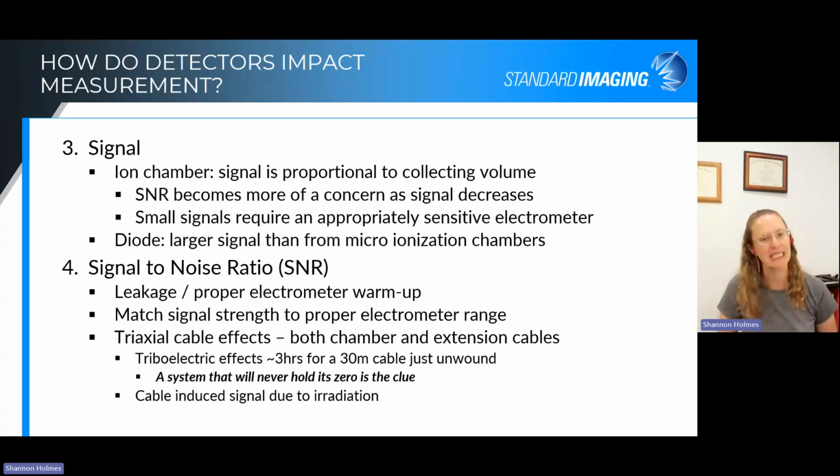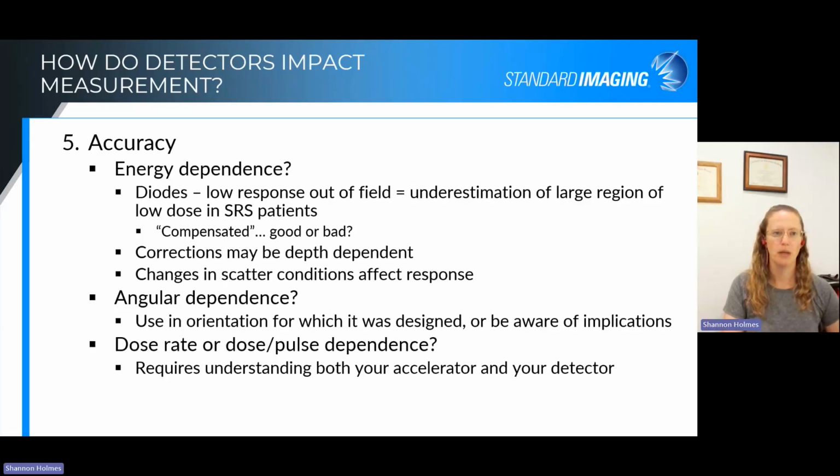But it's important to have good quality, well cared for cables for these measurements. A cable that's damaged can be improperly shielded, which may also induce additional signal if there's cable being irradiated in the room, even just scatter irradiation. So having good quality, well cared for cables is important.